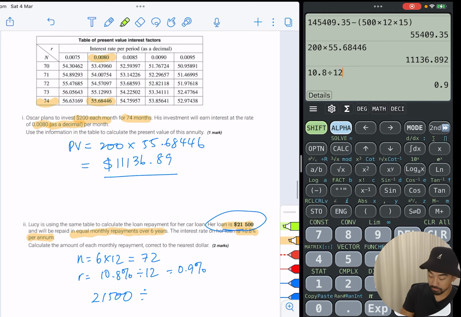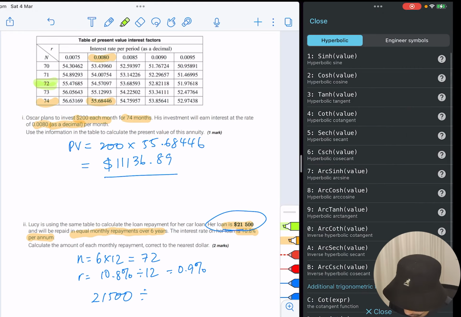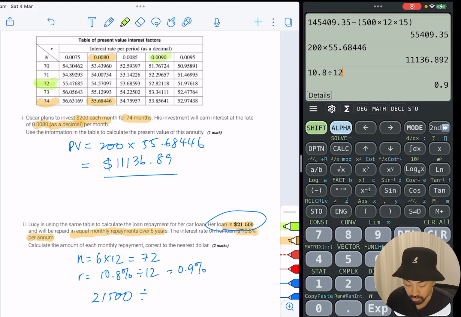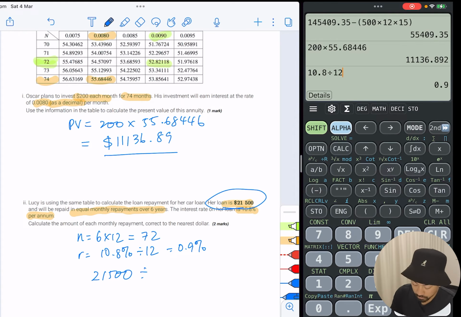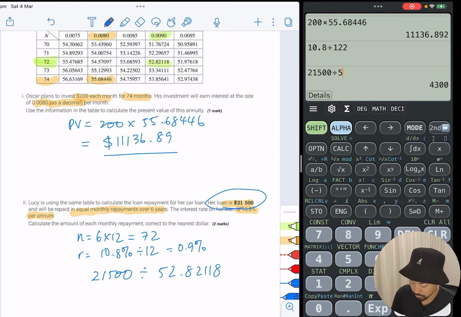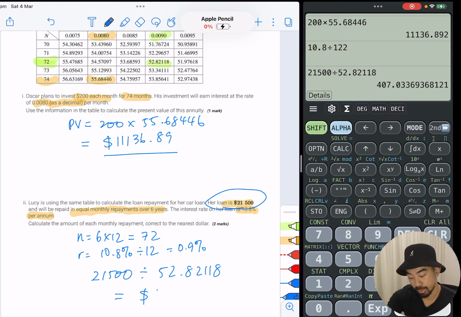So let's get that: 72 at 0.9%, which is going to be 0.009, divided by 52.82118. So she needs to contribute $407.